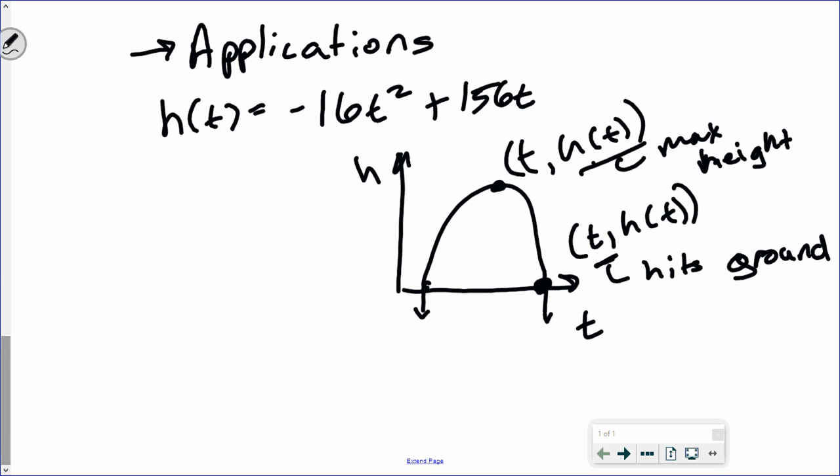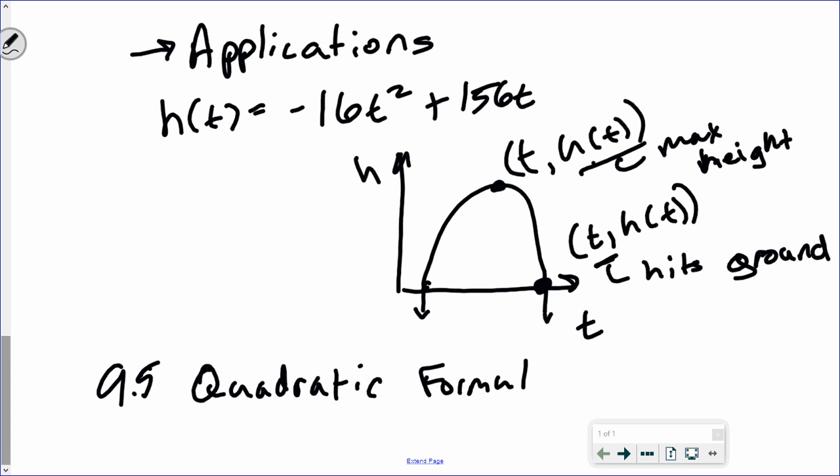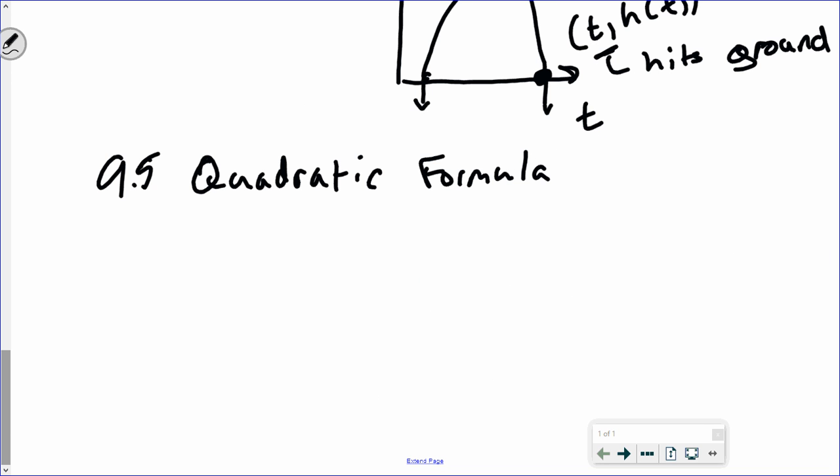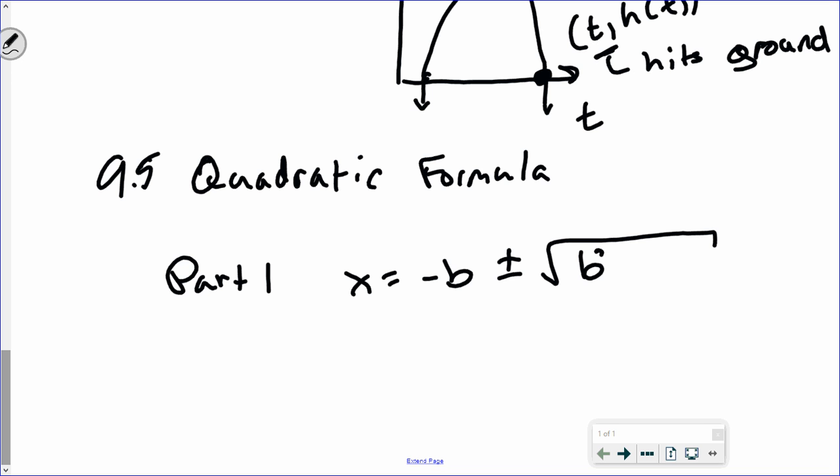Then in 9.5, we learned about the quadratic formula. In part 1, we just applied the quadratic formula: x equals negative b plus or minus the square root of b squared minus 4ac, all over 2a.